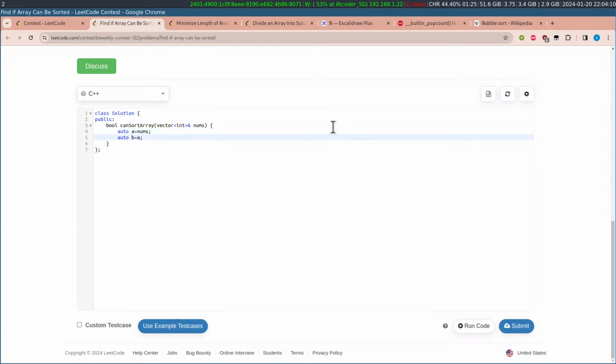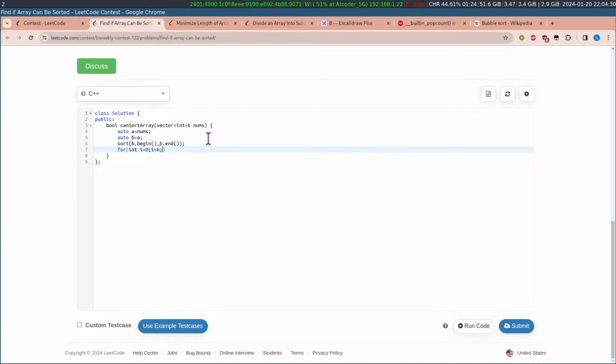I'm just making a copy because I don't really know if pass by reference can change the test cases. For auto a equal to b, for auto b equal to. We first sort without finding how the final array looks like.